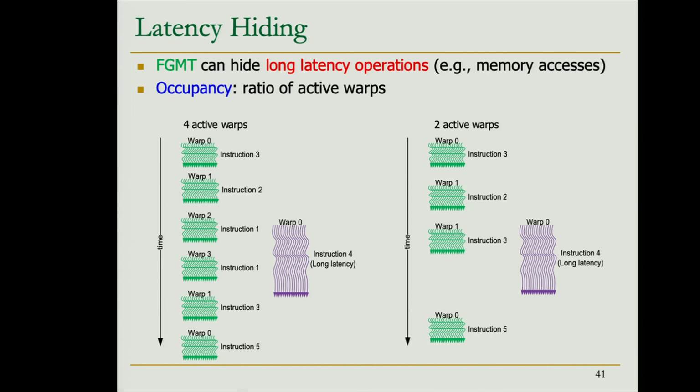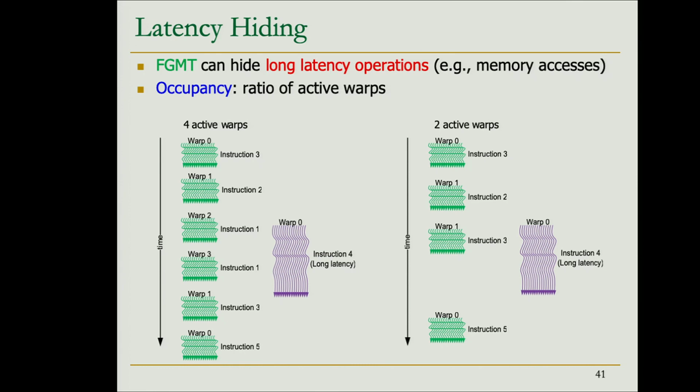That's why it's important to have enough instructions ready for execution, because this way we can hide the long latencies. The problem here is that the typical way of having this number of instructions ready for execution is having enough active warps inside the GPU core.